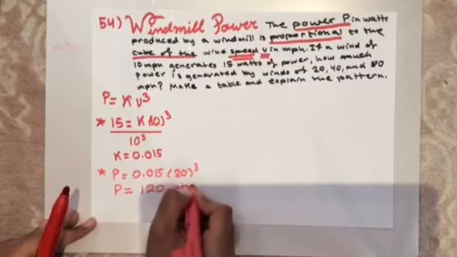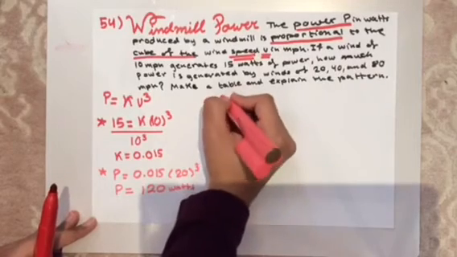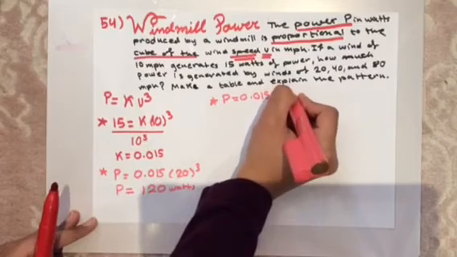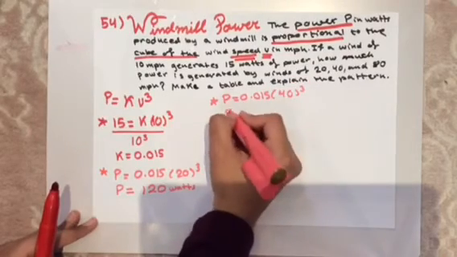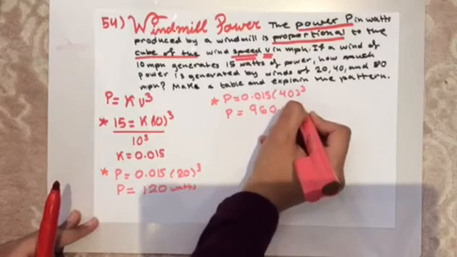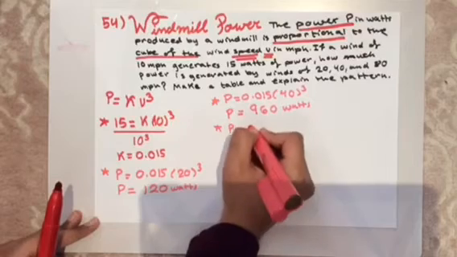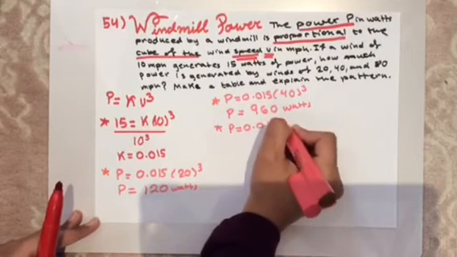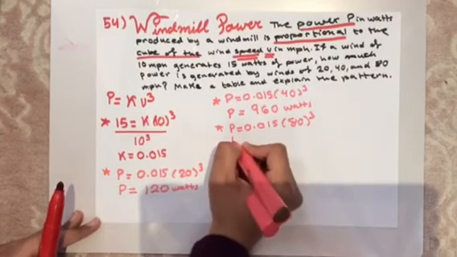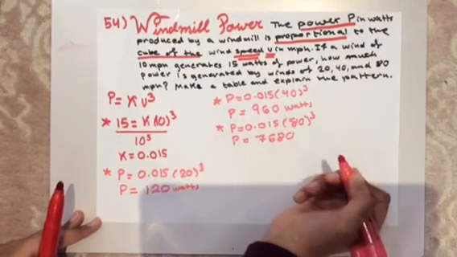Then P is equal to 0.015 times 40 to the power of 3, which is equal to 960 watts. Finally, P is equal to 0.015 times 80 to the power of 3, which is equal to 7680 watts.